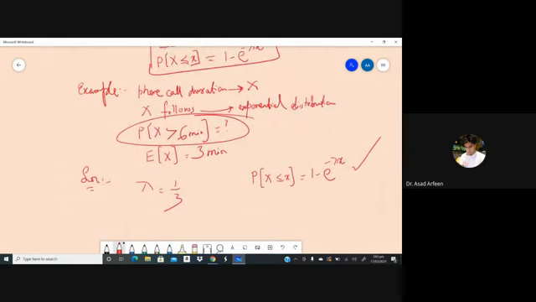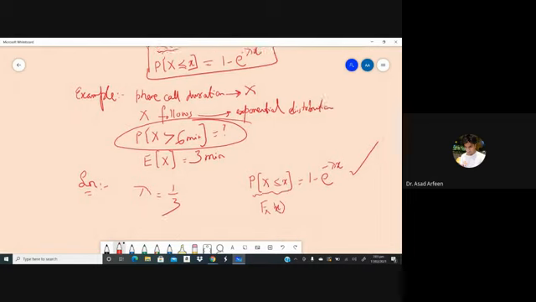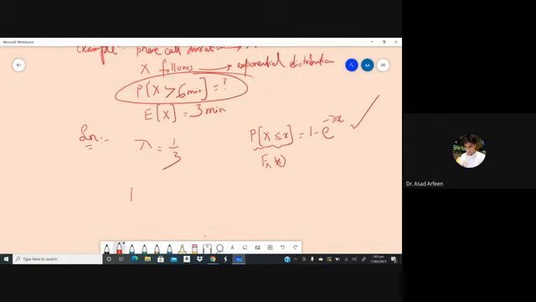This is called the density function, f of x. So what if I do this, f of 6? I can write it down as X less than or equal to 6 minutes.